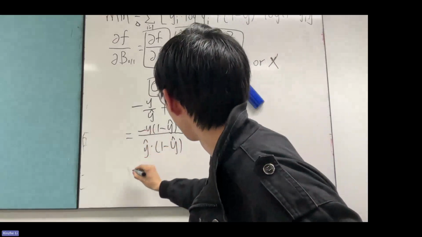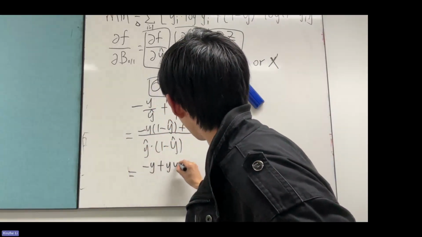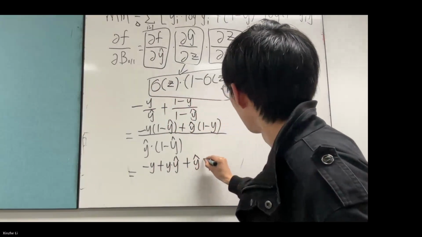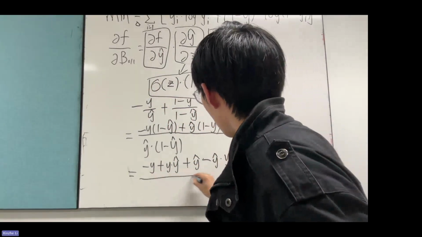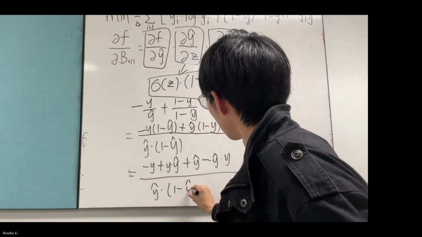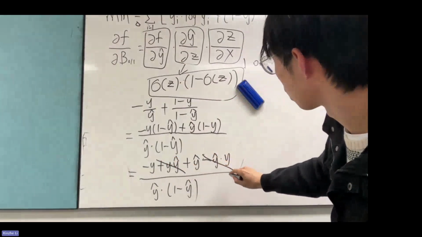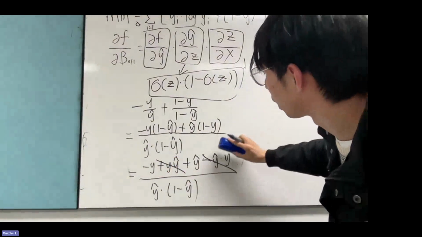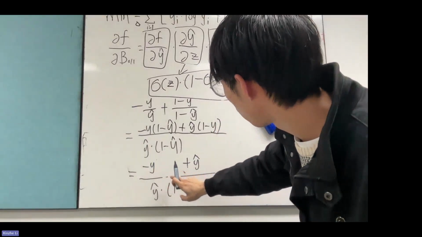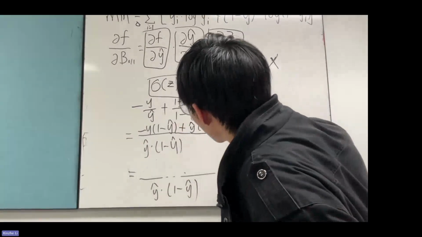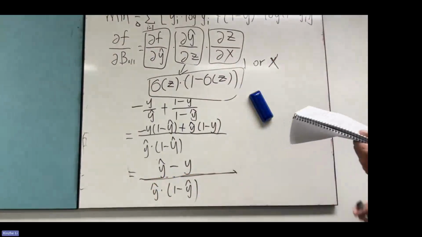If you expand this, it would be minus y plus y hat minus y hat y, plus y hat minus y hat y. Then you have the denominator. The key thing is we can eliminate these two because they are the same, one positive and one negative. So what we have finally is minus y plus y hat, which equals y hat minus y. Okay, so that's it.